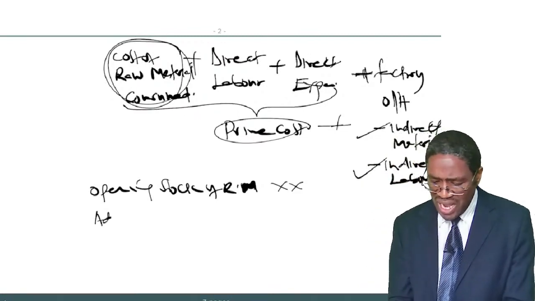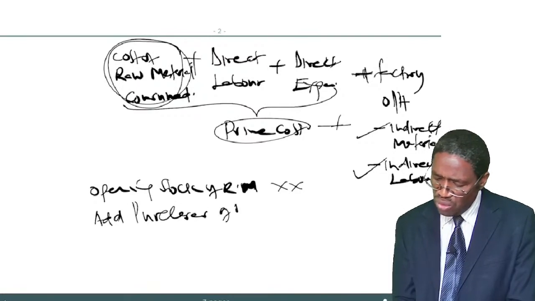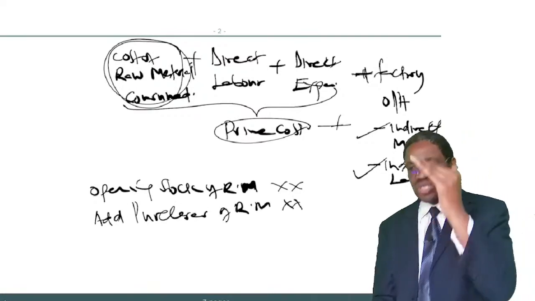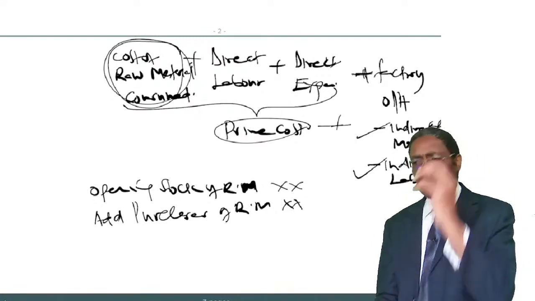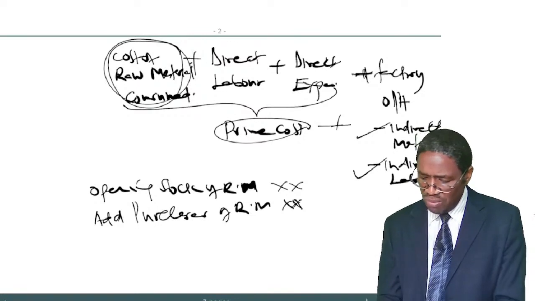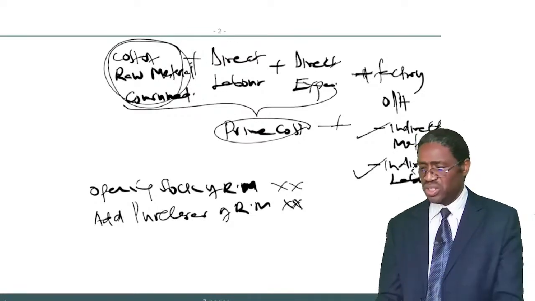Then you add what we call purchases of raw materials. You began with timber, nails, glue, and so on, amounting to this much. Then you bought some more materials like timber, nails, glue, and so on, this much.